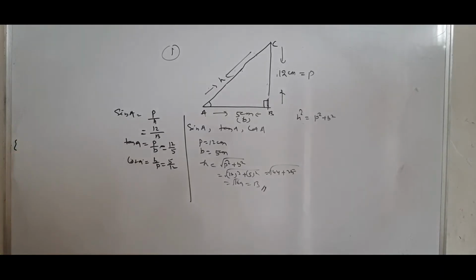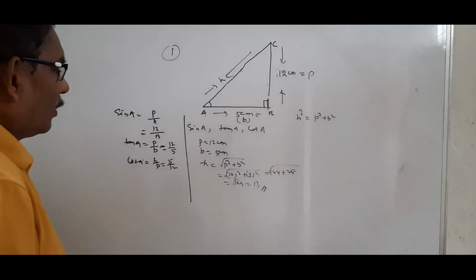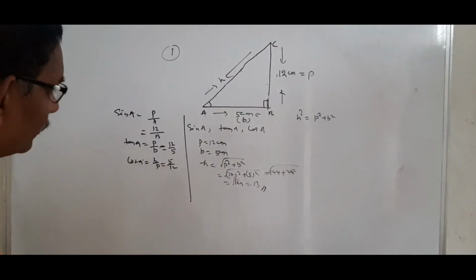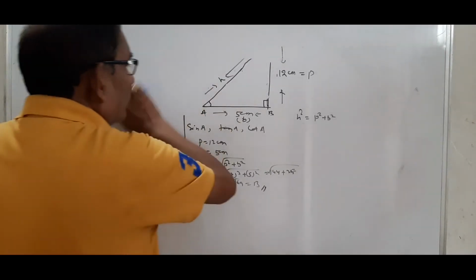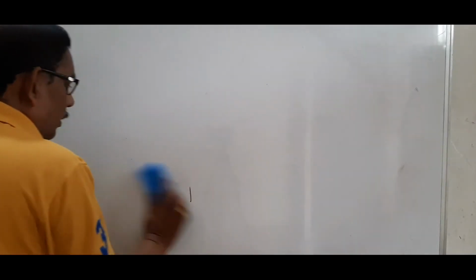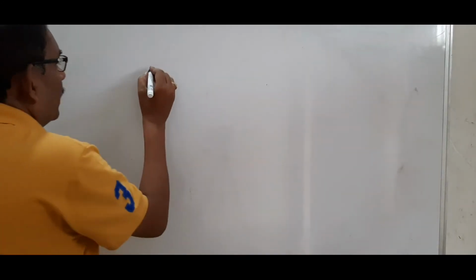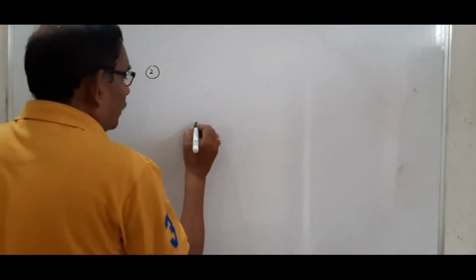In this way, find your trigonometric ratios and also find your missing value. Take another example.